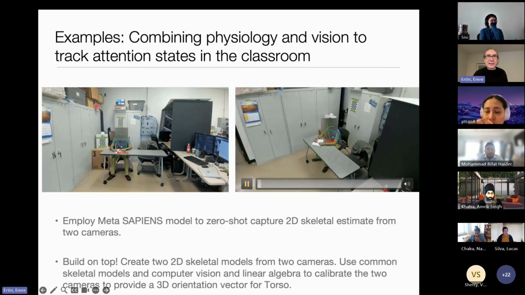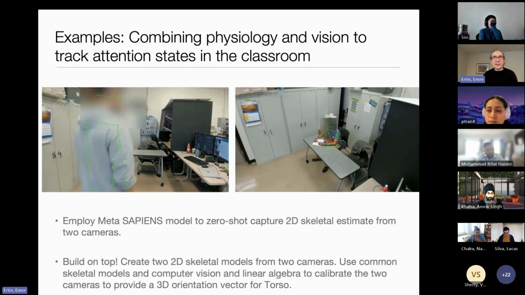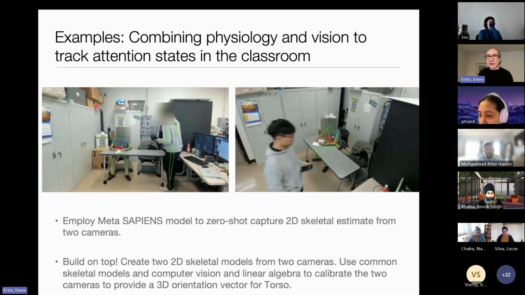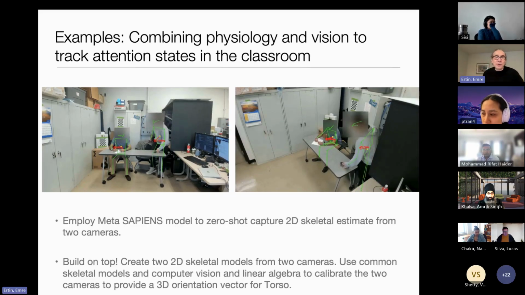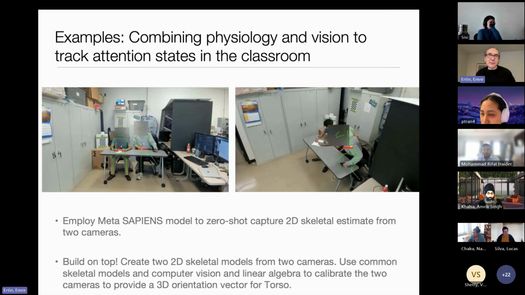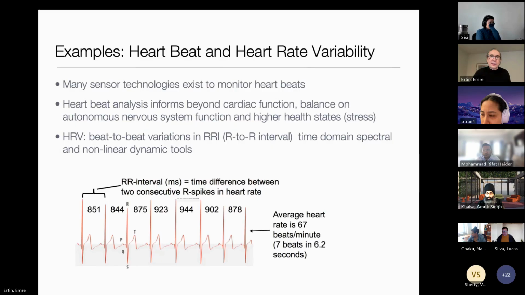So now we have a 3D vector, much better from 2 views, building upon the zero-shot Sapiens model with just some linear algebra and computer vision knowledge, just showing the potential of what one can do very quickly without spending $500,000 on a motion capture system. So this in principle could be the teacher's camera, right? So that was maybe case study 1.